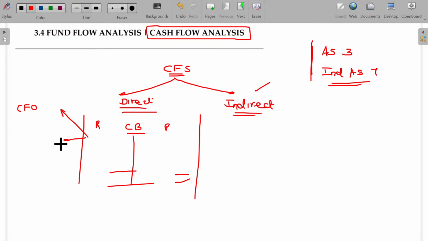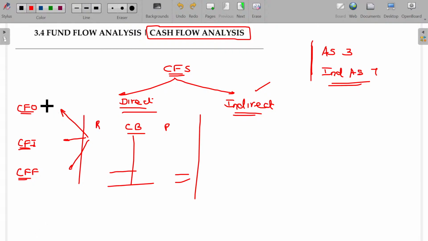And for the investment purpose, you may either use the cash or by selling the investments, you may get the cash. That will be called cash from investing. And for sourcing the fund requirement, capital or working capital, whatever it may be, cash from financing. So we have the three aspects here: cash from operations, cash from investing, and cash from financing. Clear?